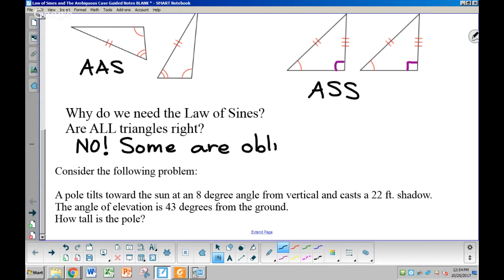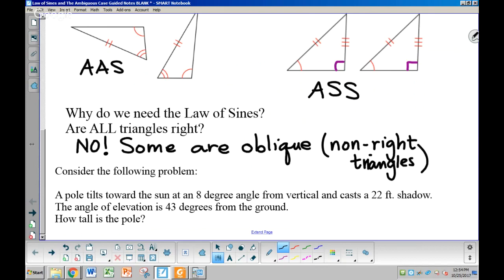And what does oblique mean? Non-right. And they need to be solved as well.